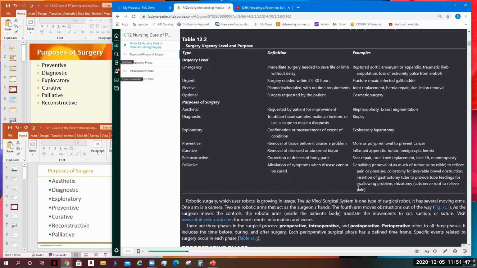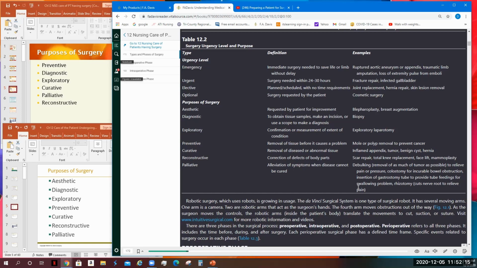Elective surgery, the definition is planned or scheduled with no time requirements. Examples would be joint replacement, hernia repair, skin lesion removal. Then there's optional surgeries, which is surgery requested by the patient, and an example would be cosmetic surgery.